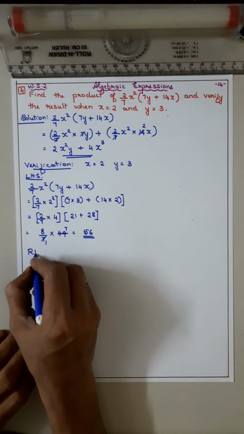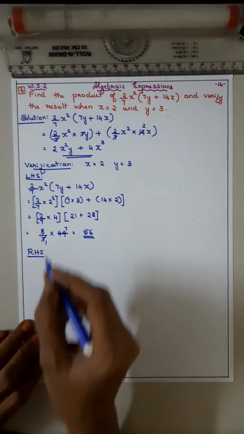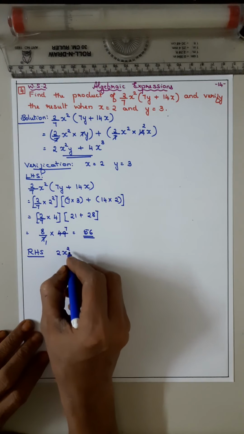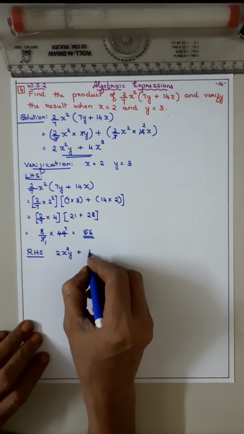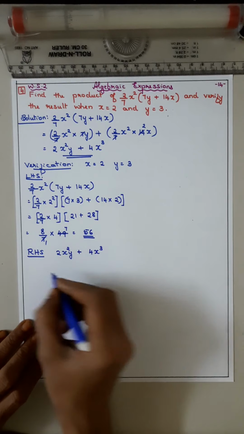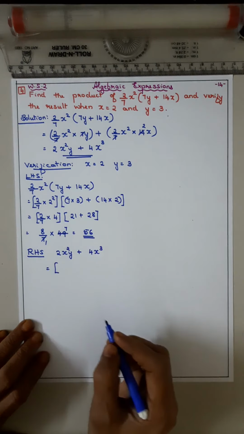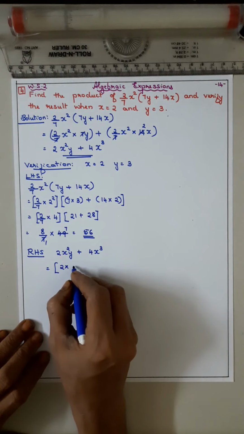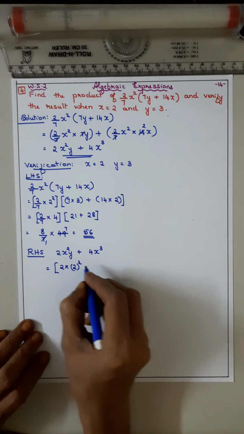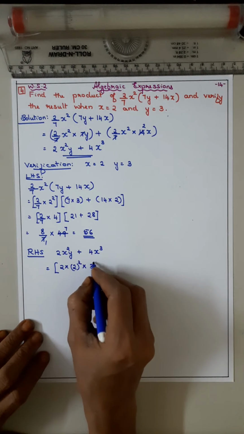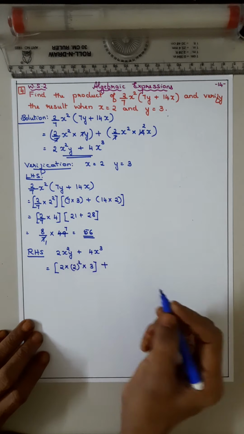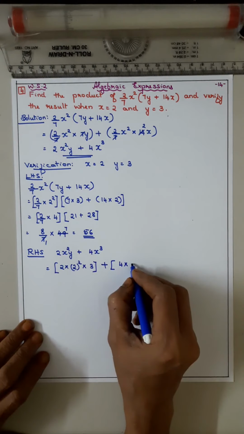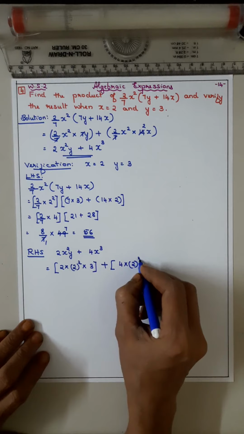Now RHS, what is the answer you got? It is 2x squared y plus 4x cubed. Put the values: square bracket open, 2 into x is 2 squared into y is 3, bracket close, plus 4 into x is 2 and cubed.